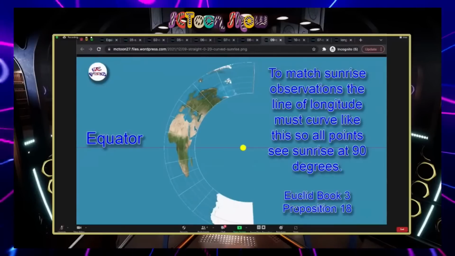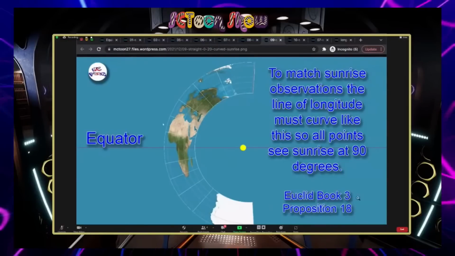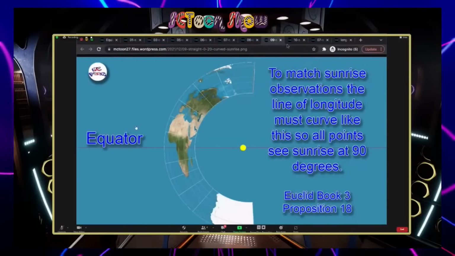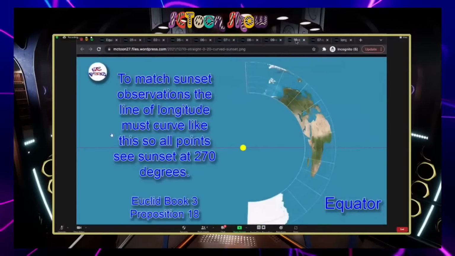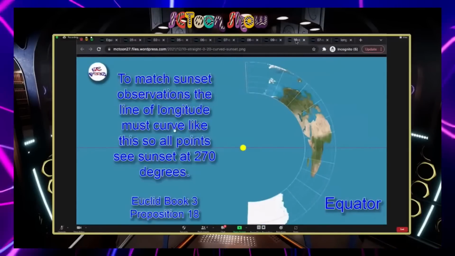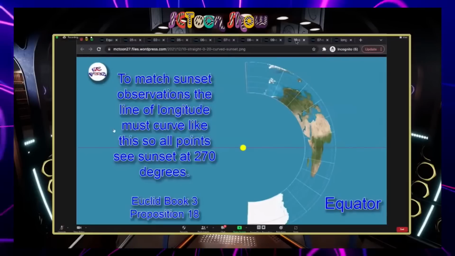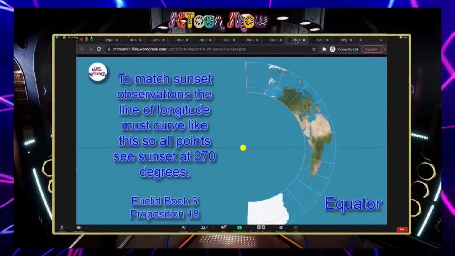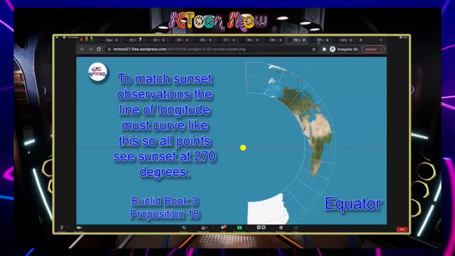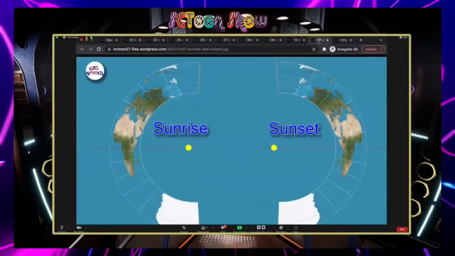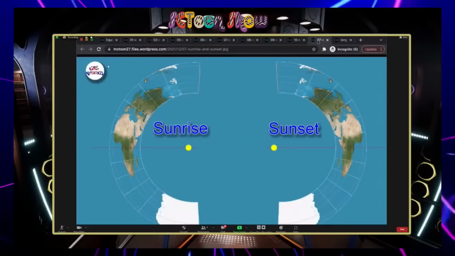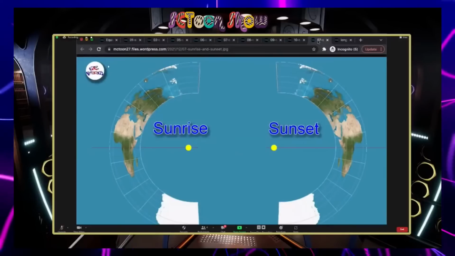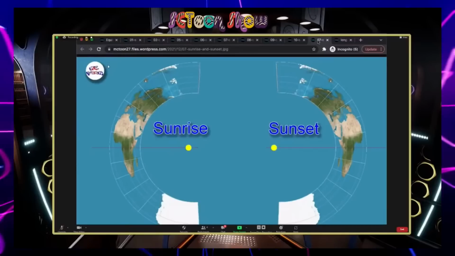And in order for that to happen, the geometric proof there is Euclid's Book 3, Proposition 18, if you want to reference that. Also, because the sun sets due west, you have to do the same thing for sunset. So we have sunrise and sunset. That's the map that is absolutely necessary for flat Earth to match that simple observation.